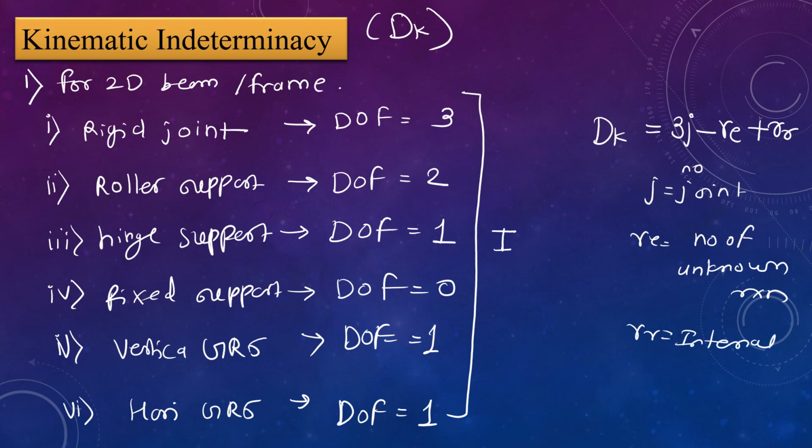For kinematic indeterminacy, the internal release is calculated by M dash plus 2. We'll see one numerical for this kinematic indeterminacy to differentiate how to calculate dk by the degree of freedom, and next by this formula. We'll see one example.